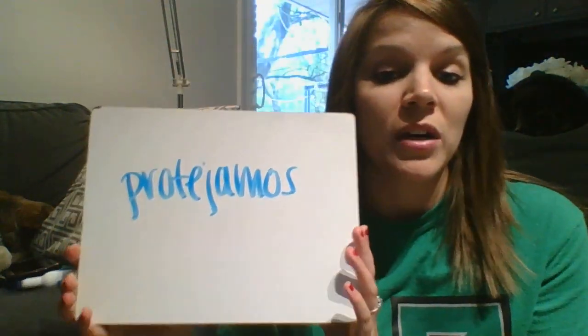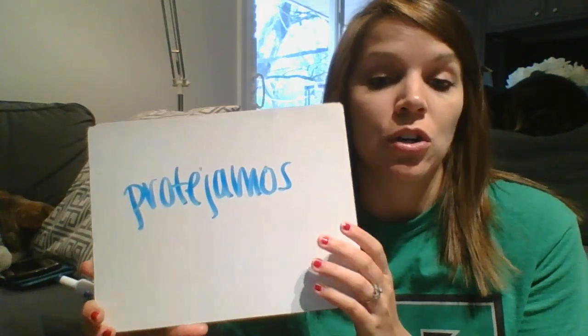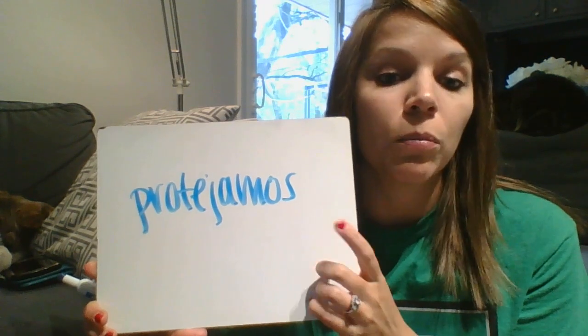And the last one, since we're practicing the nosotros form, let's say it's good that we protect. It's good that we protect. So since I am triggering the subjunctive, I'm going to do the opposite ending nosotros, which we've already done because we did the let's protect, and it's going to end up being the same word because we're doing opposite ending nosotros, which started with protejo, take off the O, protejamos.